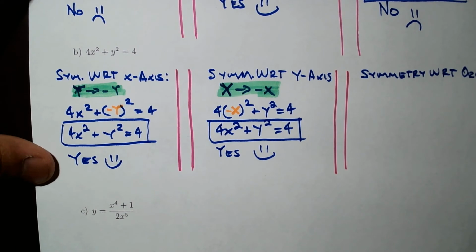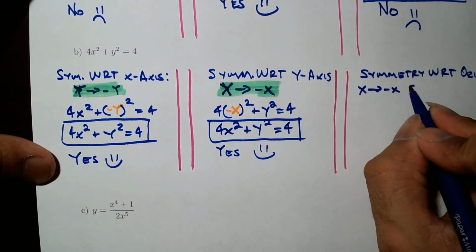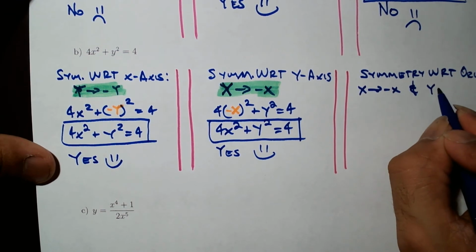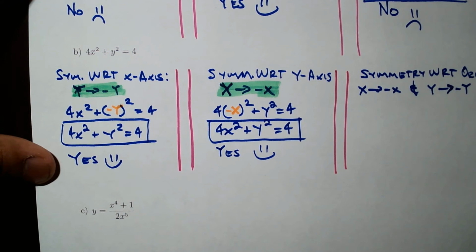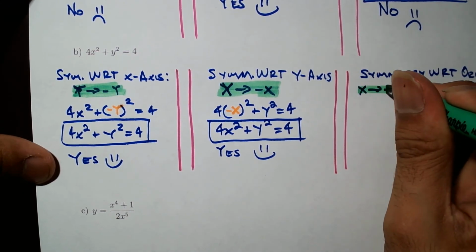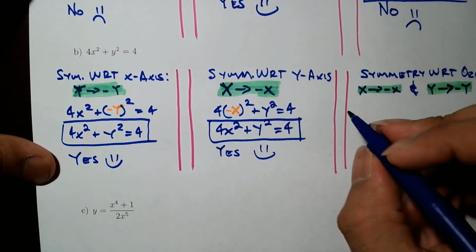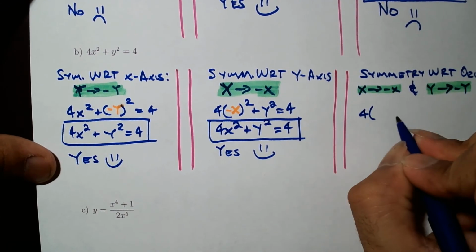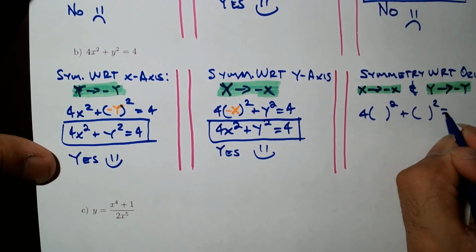And in this case we are going to replace x with negative x and y with negative y. We change both of them. Alright. 4 times quantity plus quantity squared.